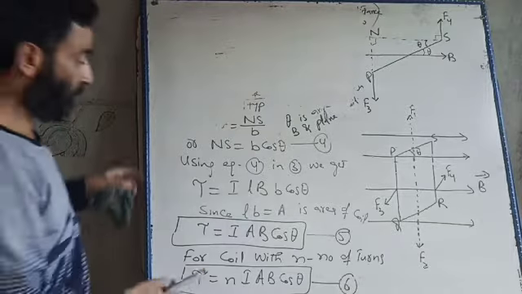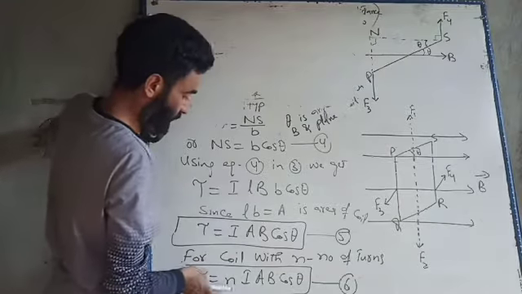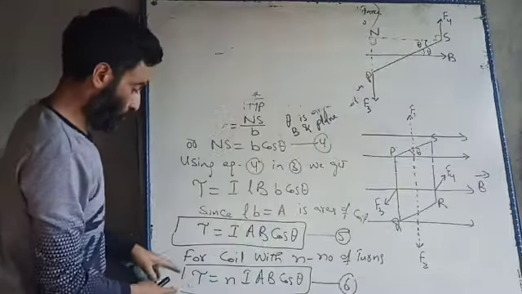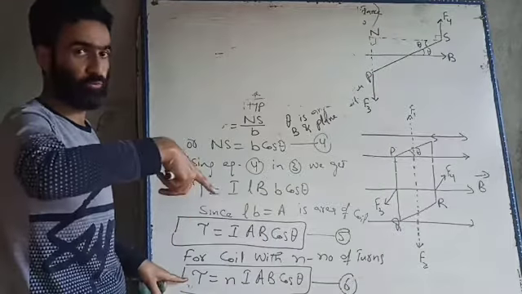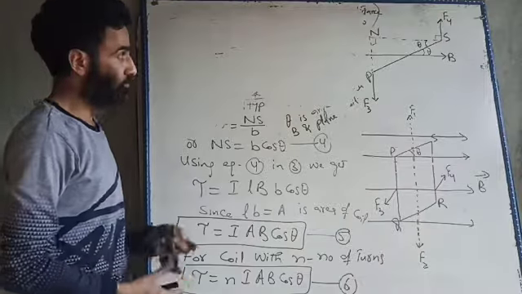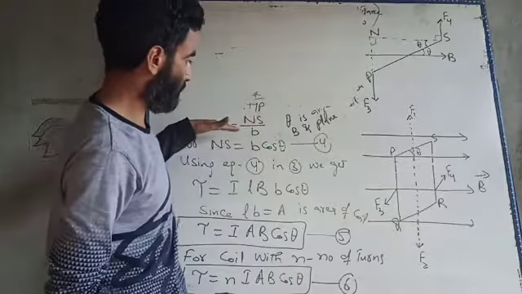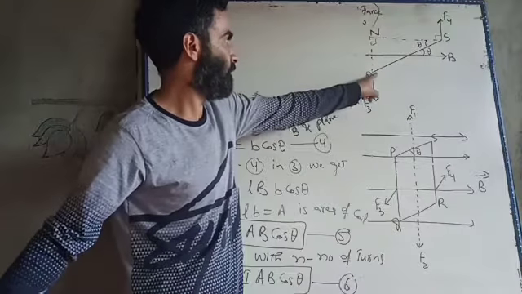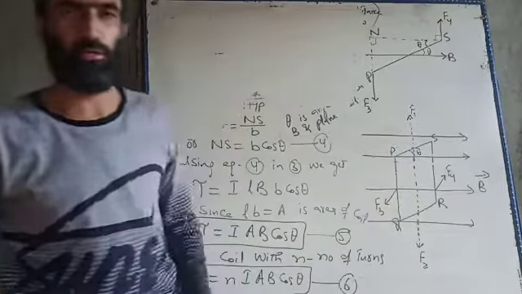I'm not saying this relation is only for this arm. No, it is the total torque upon the total loop and total coil. But to calculate some of the factors, I took only this arm PS.